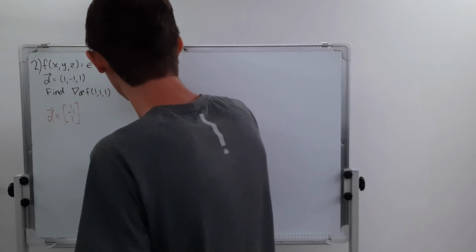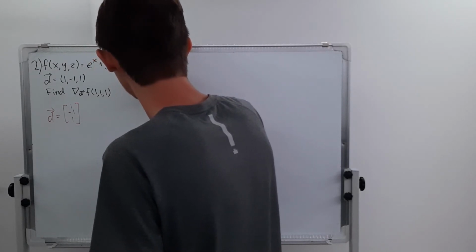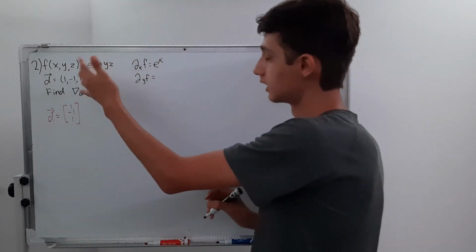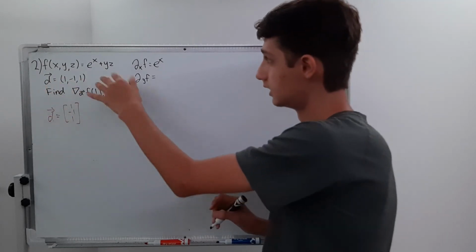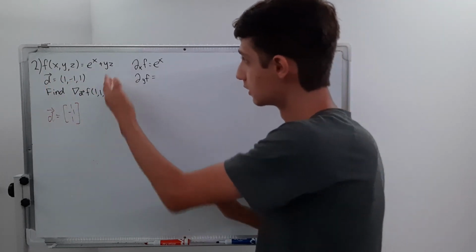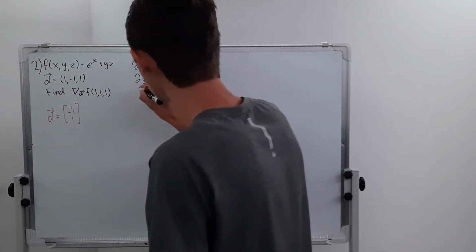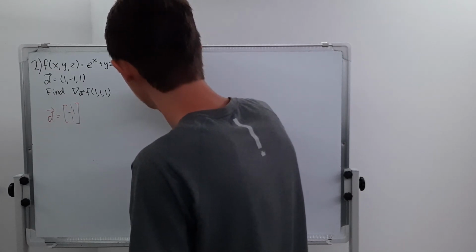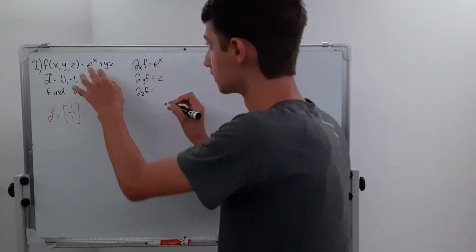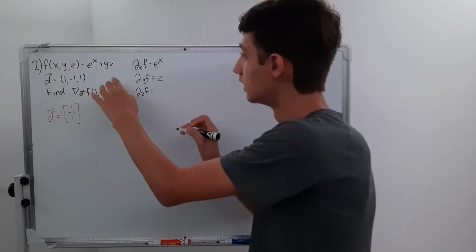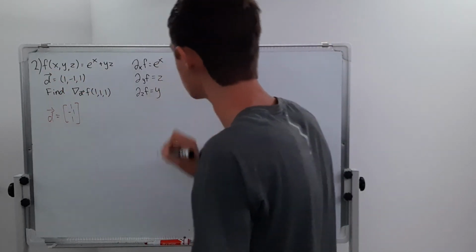So now we're going to do with respect to y. e to the x is a constant, z is a constant, so we just take z. And then we take the derivative with respect to z, and that's just going to be, again, e to the x is a constant, and we'll just have y left over.